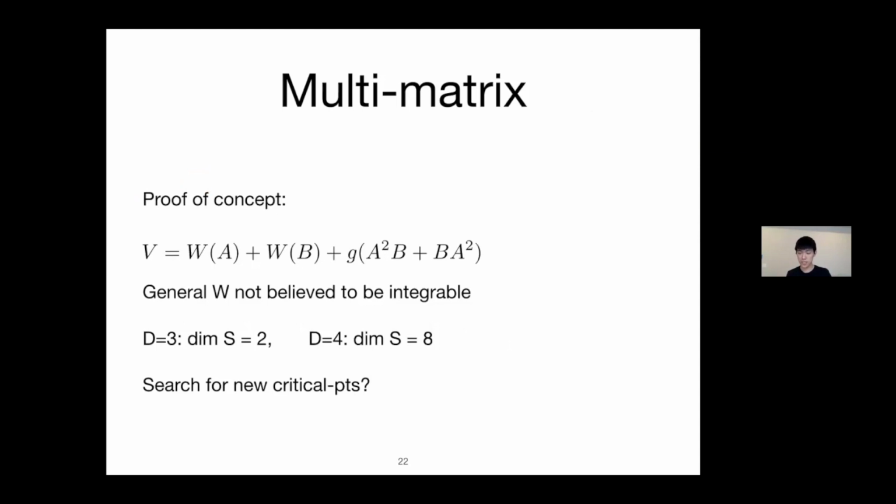Okay, just to illustrate how to do this a little bit in practice, we can discuss this particular matrix model, which has the following form. It's factorized in A and B, except for an interaction which couples A and B like this. This is a simple model which is not believed to be integrable for a general choice of W. W here is just a polynomial in A's and B's.